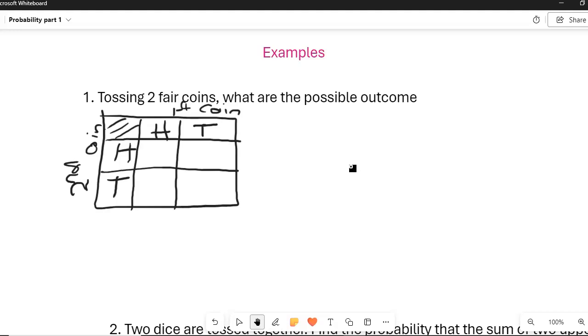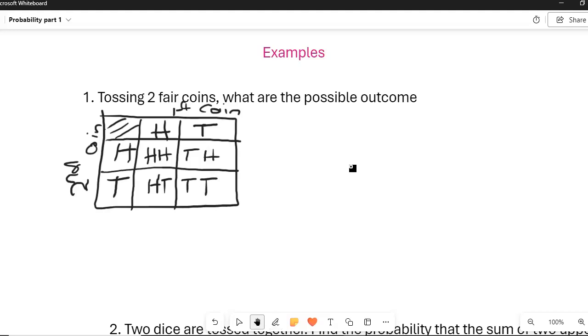So the first outcome is the head from the first coin and the head from the second coin. The second is the tail from the first coin and the head from the second coin. Another outcome is the head from the first coin and the tail from the second coin, and the other outcome is the tail from the first coin and the tail from the second coin.